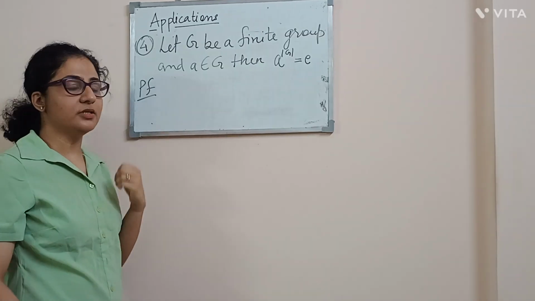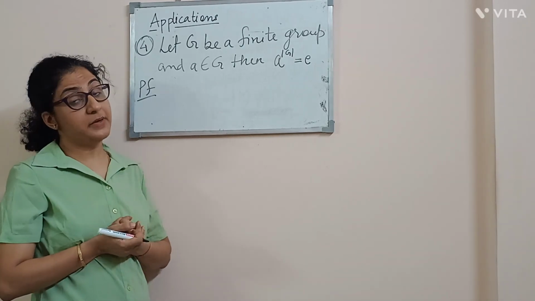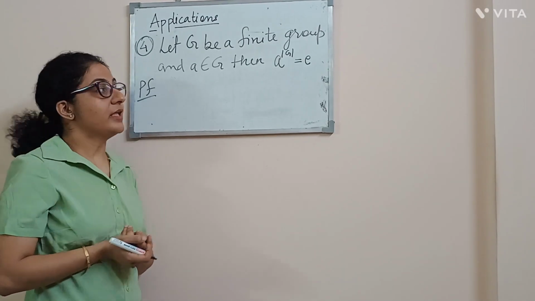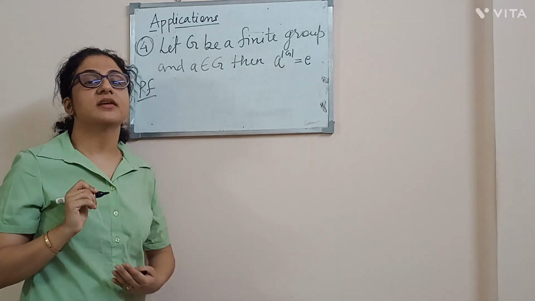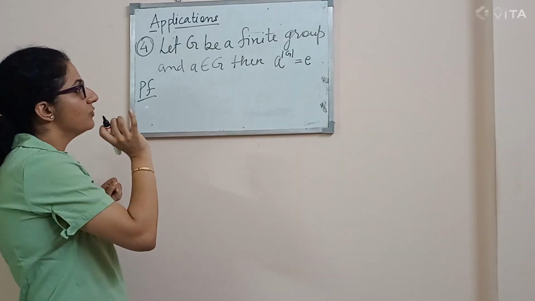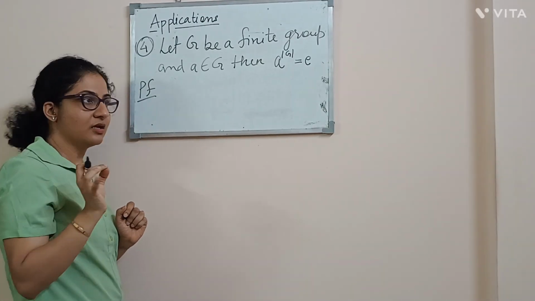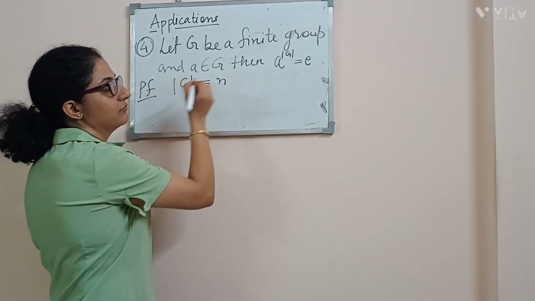Another application. It says let G be a finite group and A be an element of G. Then A raised to power order of G would always give you identity. Why would this be true? Because I know that A is an element of G. So if G is finite, G must have some order, maybe n.